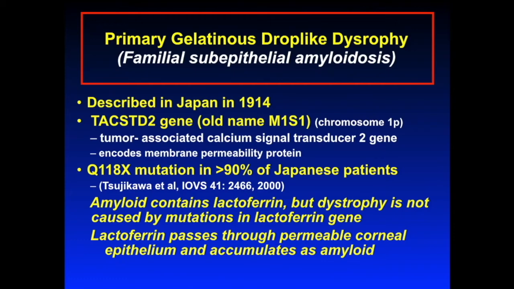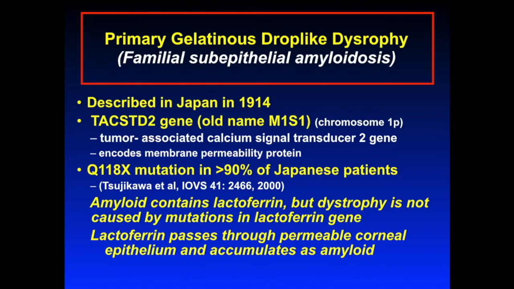TACSTD2 gene, tumor-associated calcium signal transducer 2 gene, which encodes a membrane permeability protein. It's interesting, the massive deposits of amyloid in gelatinous drop-like dystrophy contain lactoferrin, but the dystrophy is not caused by mutations in the lactoferrin gene.